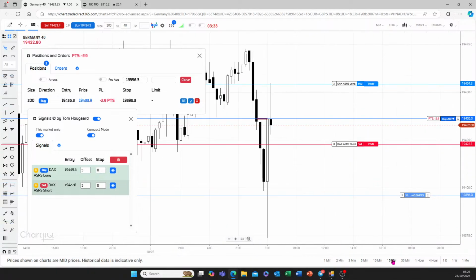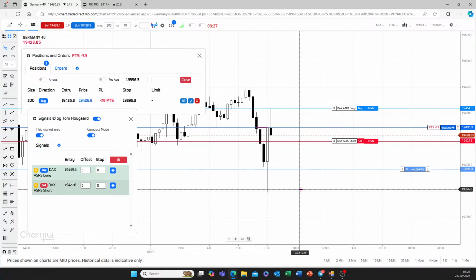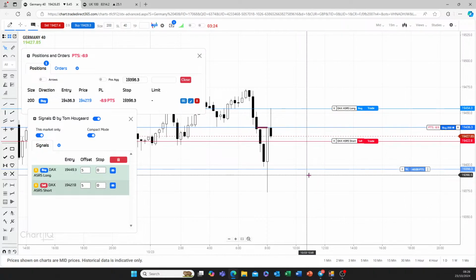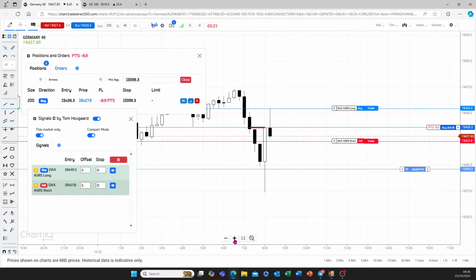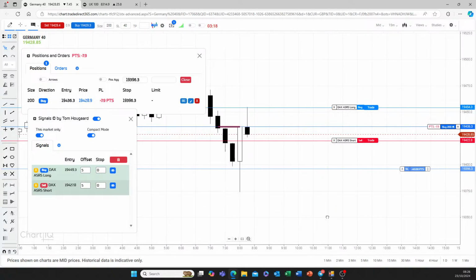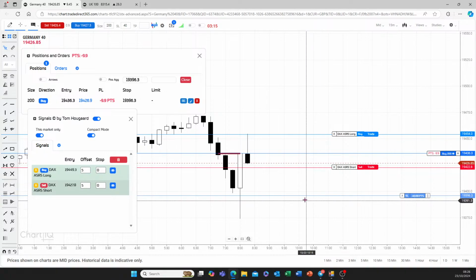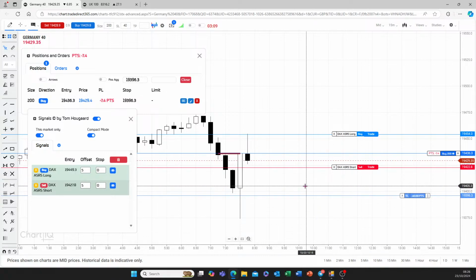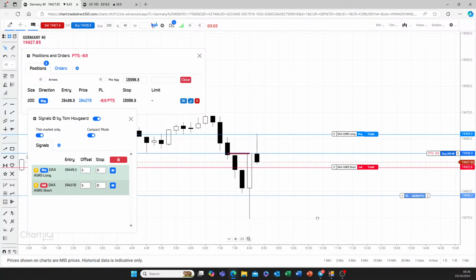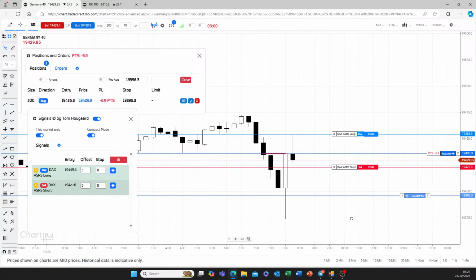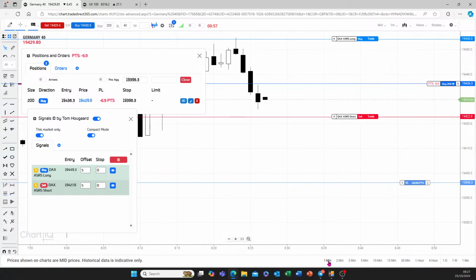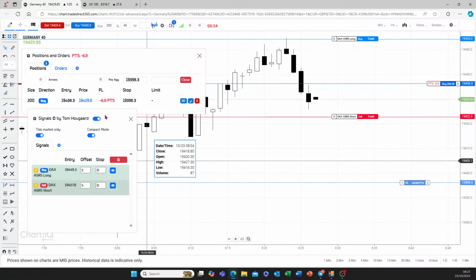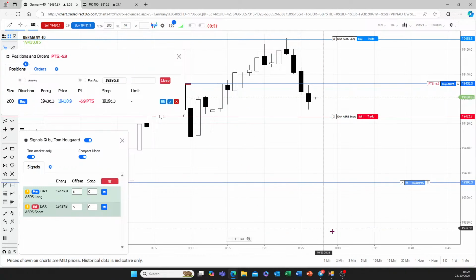This stop loss can easily be moved up a bit, and I will. Okay. Let me just make it a little bit more transparent.